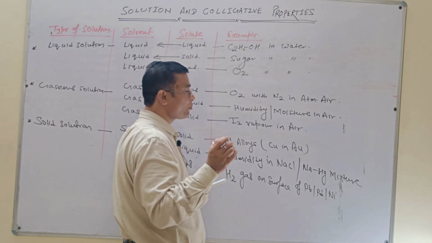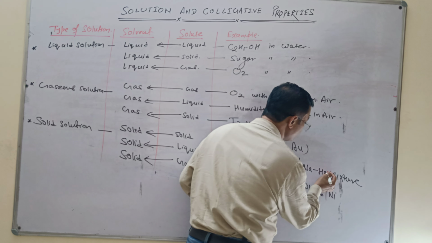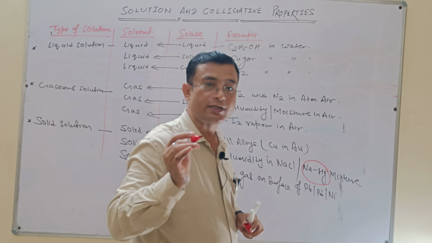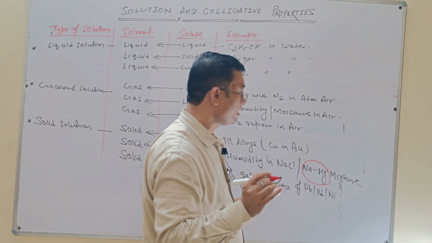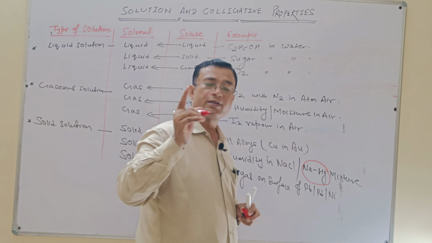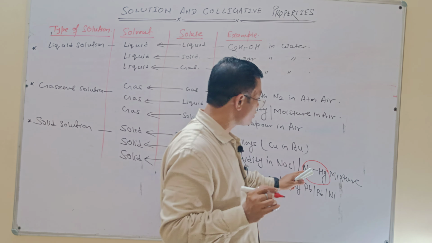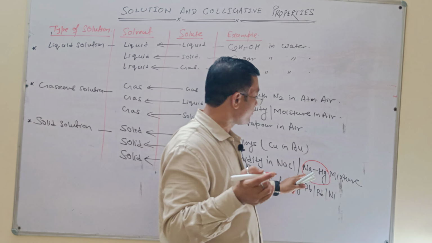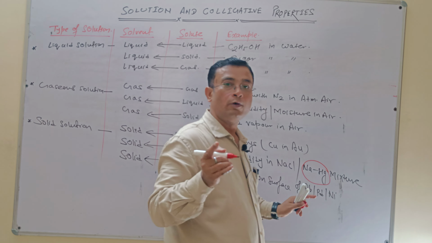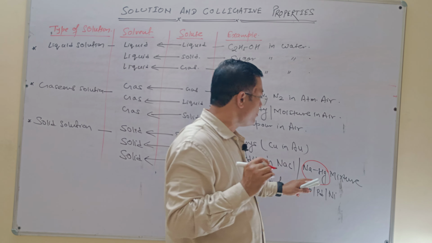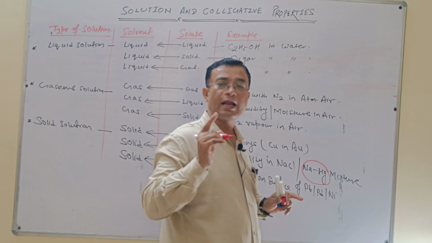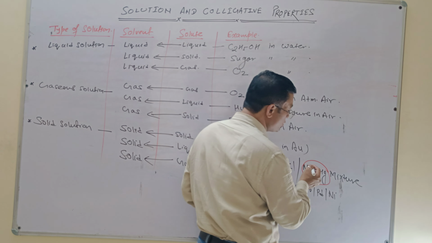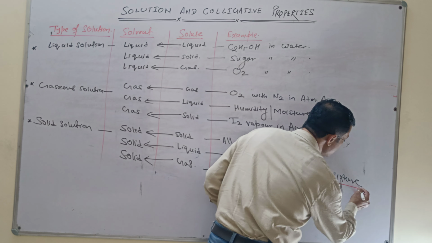Now, I want to tell you some important thing. What is the important thing? Generally, in case of sodium amalgam, it is asked what is the oxidation state of sodium and mercury. Then 99.99% students make the mistake. What they understood: sodium is highly electropositive, therefore it will lose one electron. Therefore, sodium should have plus one oxidation state, and mercury will take one electron, therefore it has minus one oxidation state. That is completely wrong. My dear students, this is a mixture.